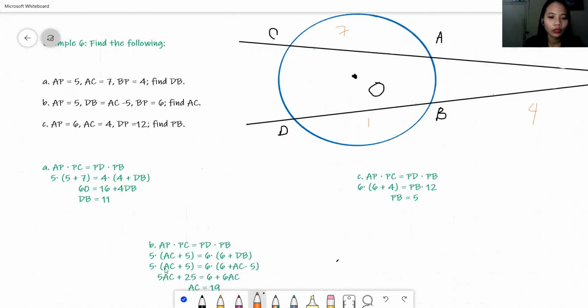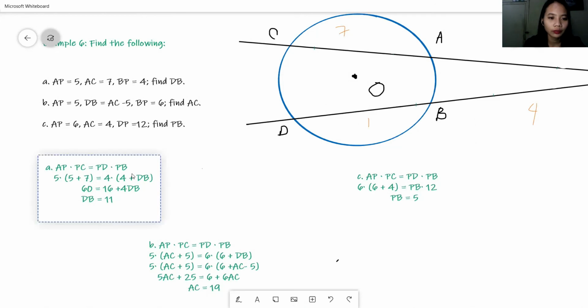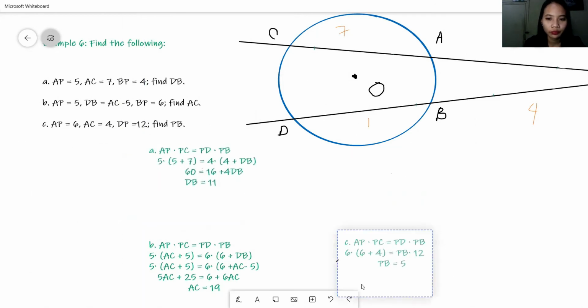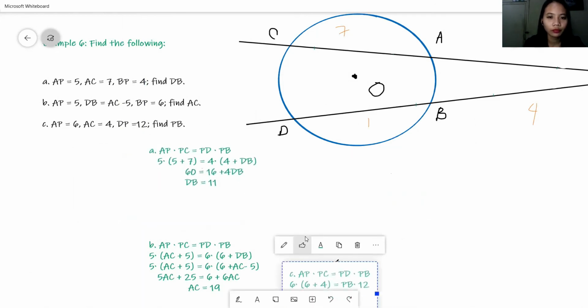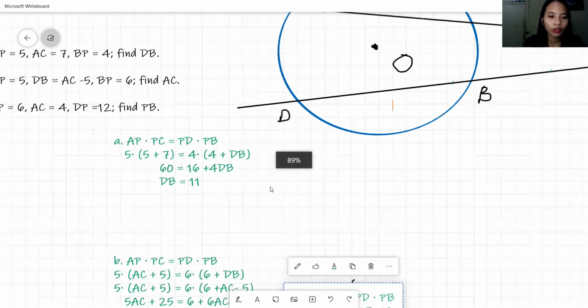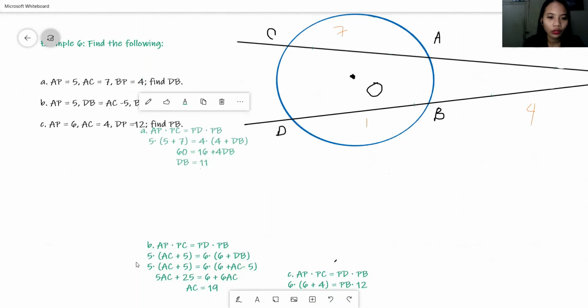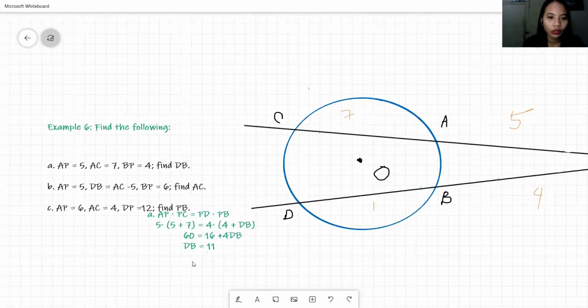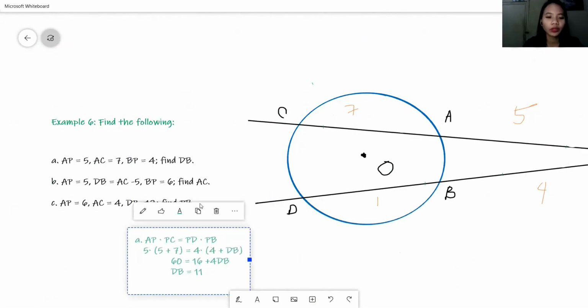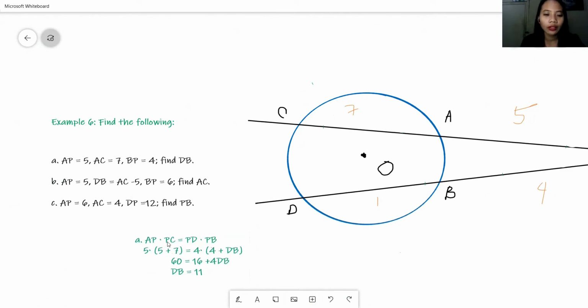So by using this, let us plug in the value of AP, which is 5, times the value of PC.